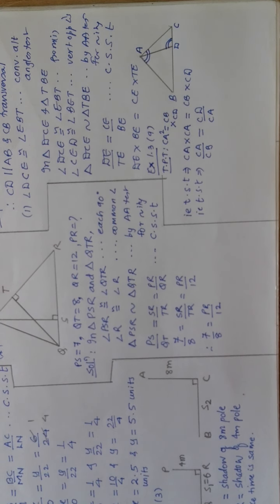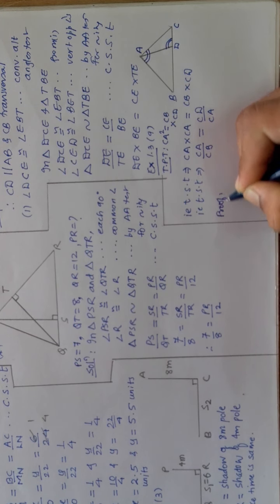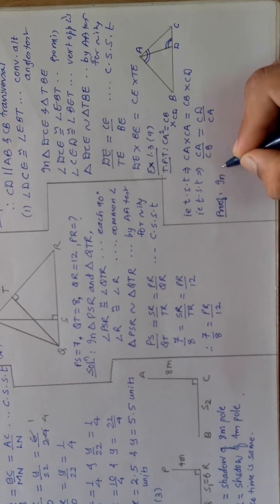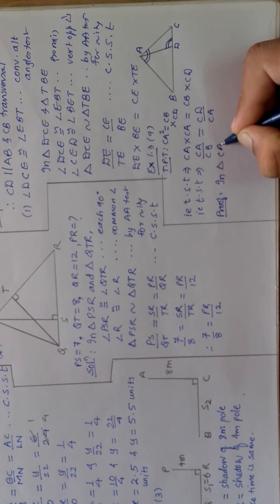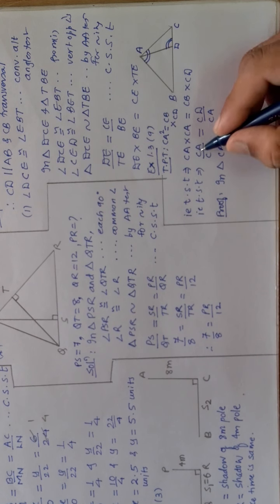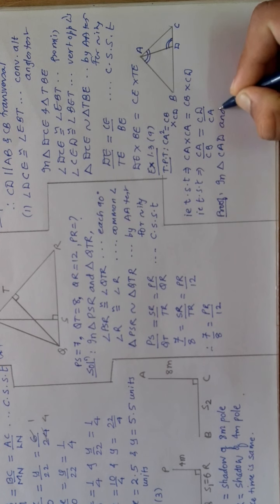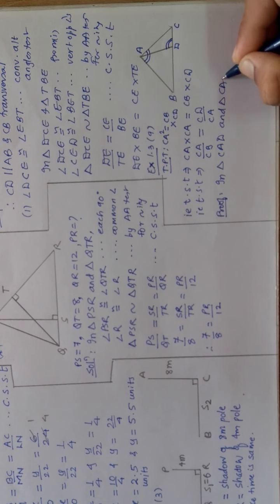Now why show similar? To get the ratios. So obviously when I go to the proof part, see how simple it is. In the proof part, which triangle to take first? CAB or CAD, whichever. Here CA and CD are there. So triangle CAD and triangle CAB.